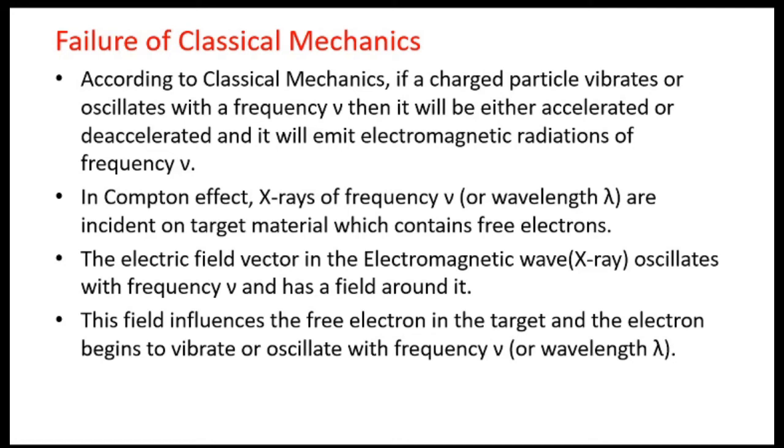So if X-rays of a certain frequency nu or wavelength lambda are made incident on the target material, which consists of a large number of free electrons, then according to classical mechanics the electromagnetic wave consists of an electric field vector.